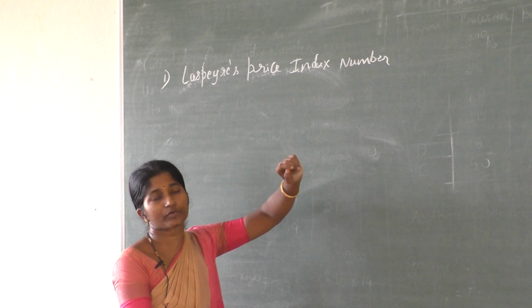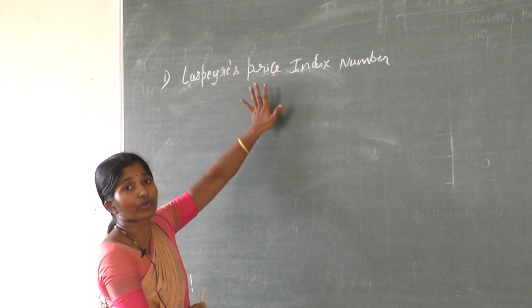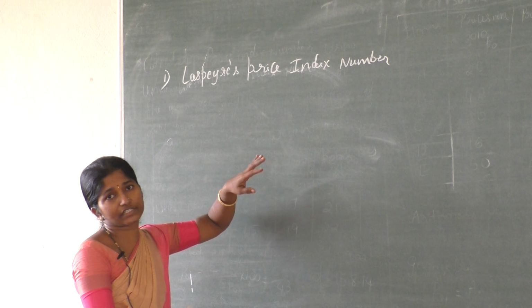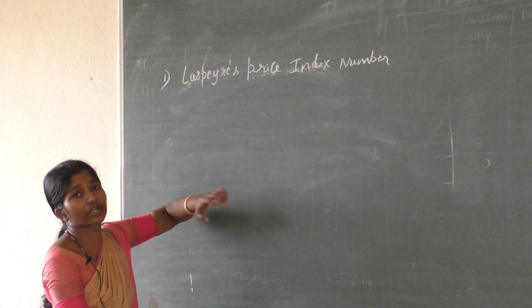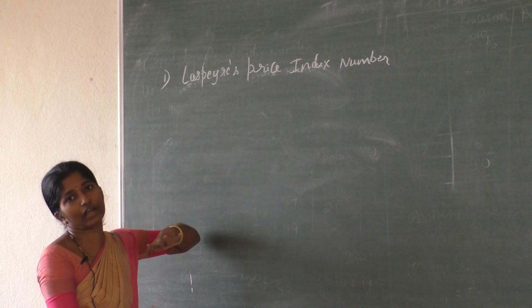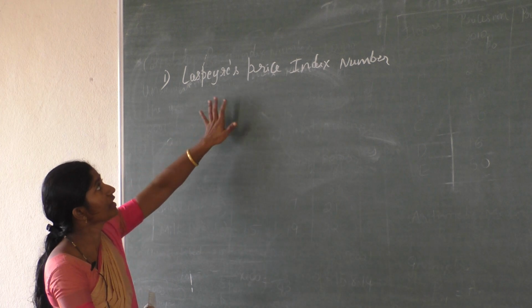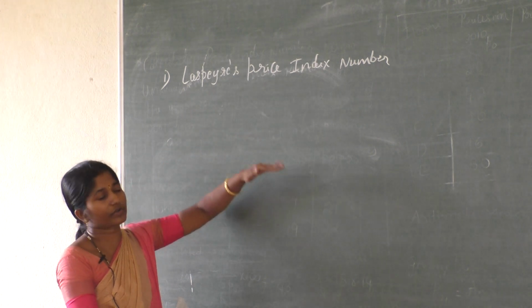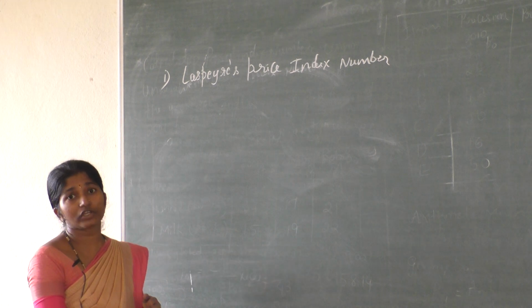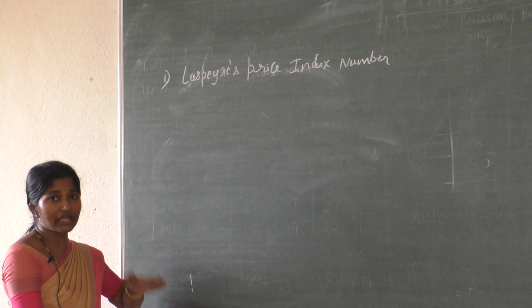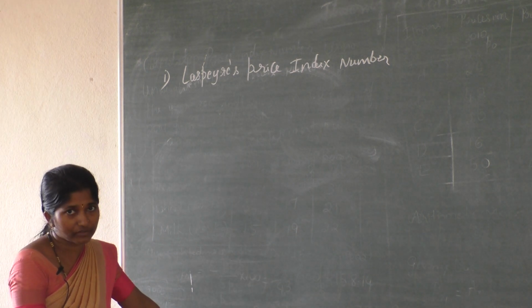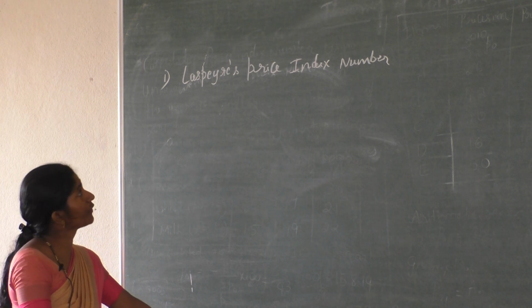Laspeyres index number means that it is always a price index. If it is a quantity index number, they will say so. For quantity, you have to calculate the quantity index number. But here it is the Laspeyres price index number. First I will explain only the price index number. In the price index number, quantity is taken as a weightage.